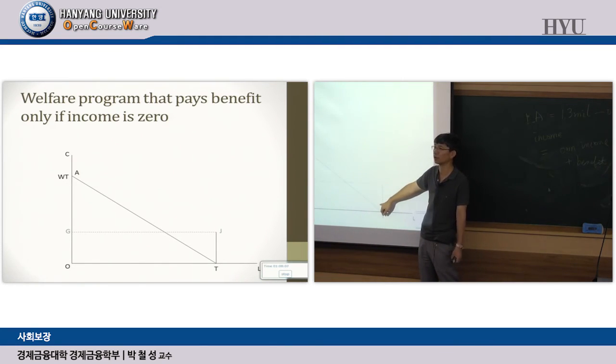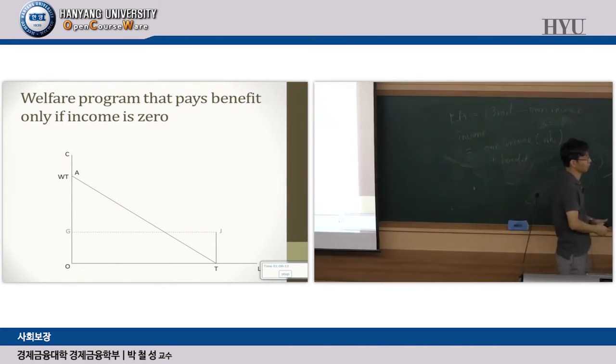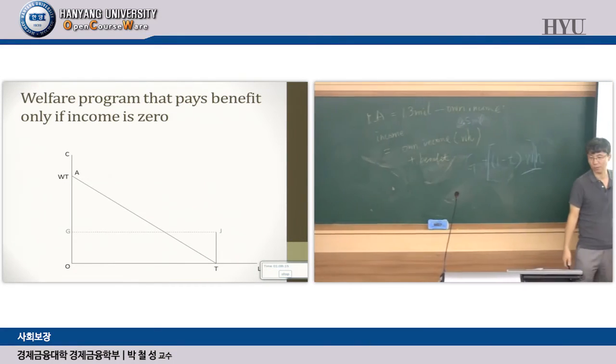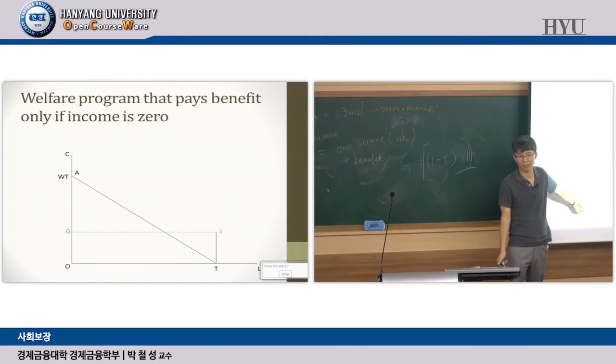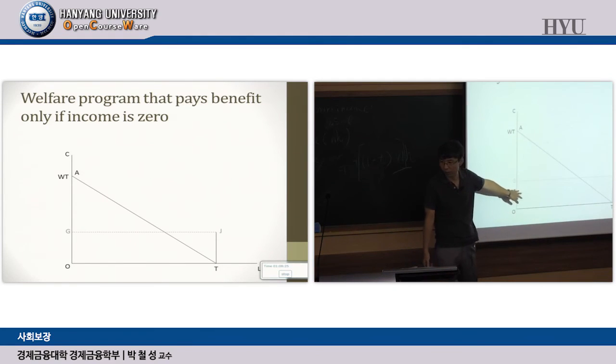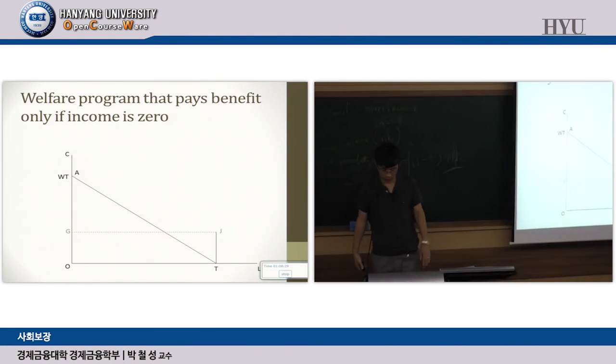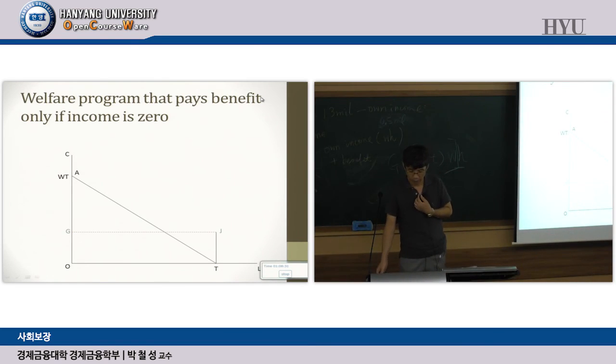Your income actually goes down if you work because you lose the disability benefit. So it is possible that the implicit tax is more than 100%. But this is a very special case, so we are not going to be concerned too much about this one. Okay, that's it for today, and we will continue our discussion next week.